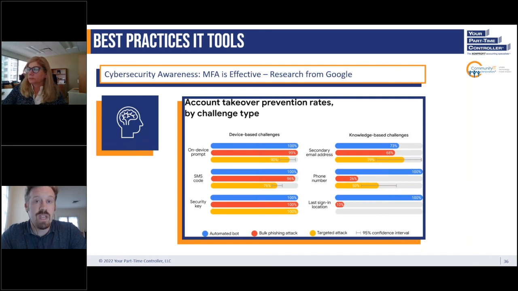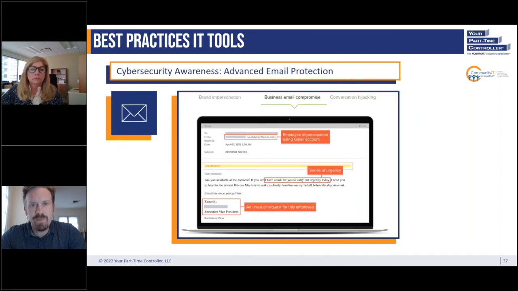So multi-factor authentication, if you have not already implemented it on all systems that you can log into from the internet, is something that should be high on your to-do list after coming out of this webinar.